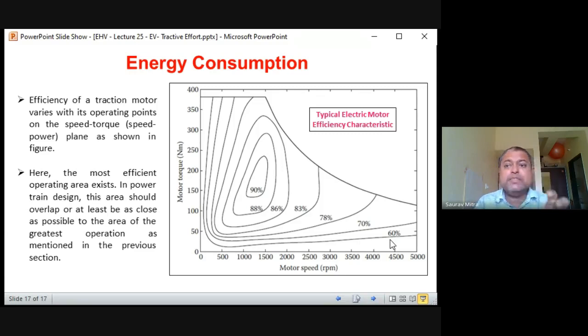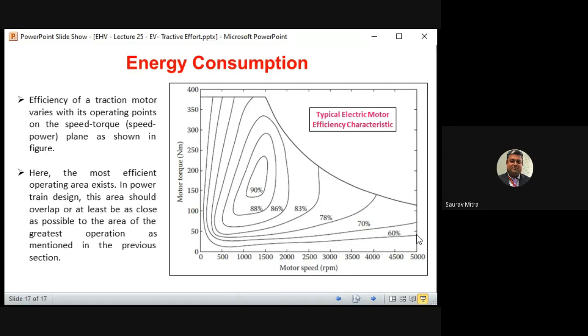If your aim is to go the maximum distance on one charge, you have to drive at 20 to 30% of the maximum speed. Then you can get almost 90% efficiency from the vehicle. You can see this is a contour kind of plot: as you increase the speed, your fuel efficiency, battery efficiency, or energy usage efficiency reduces.